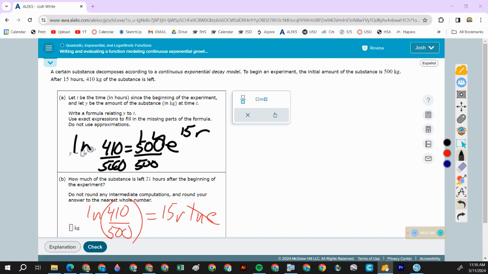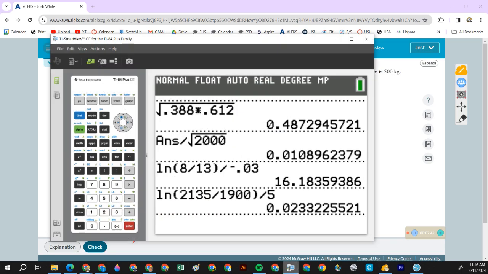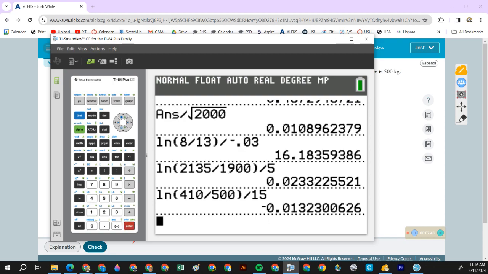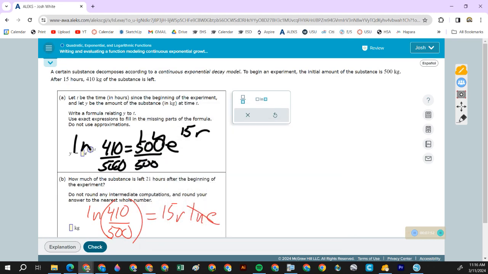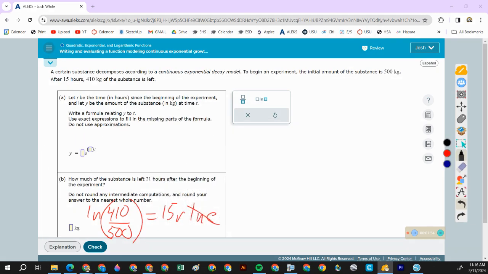So the ln of 410 over 500 divided by 15, we are dropping 1.3%. So this first one is y equals 500 e to the negative 0.013t.